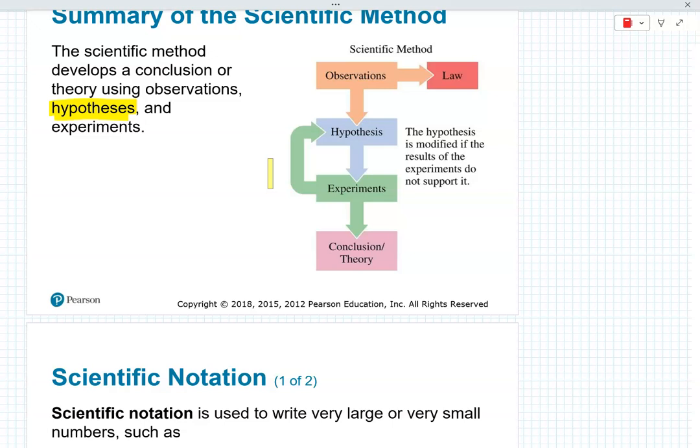What is the difference between the theory of gravity and the law of gravity? The law is what you're seeing, and the theory describes how it happens.